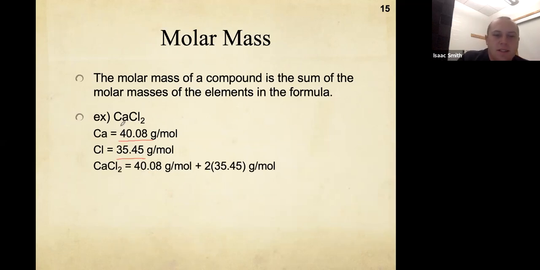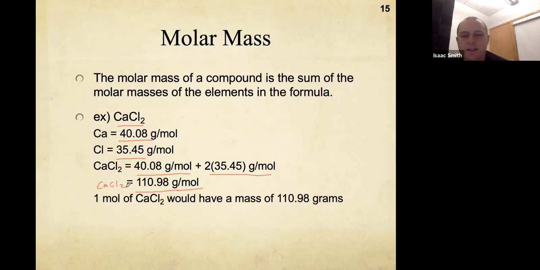Since in calcium chloride you have 1 calcium and then 2 times the mass of chlorine, that would give you 110.98 as the molar mass of calcium chloride. So basically you're saying 1 mole of calcium chloride weighs 110.98 grams.